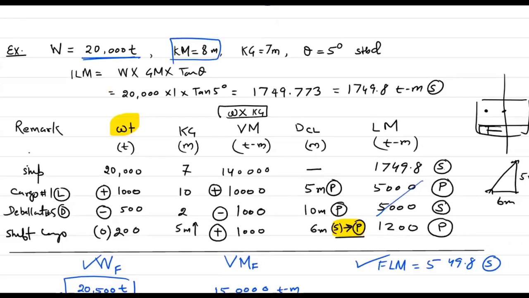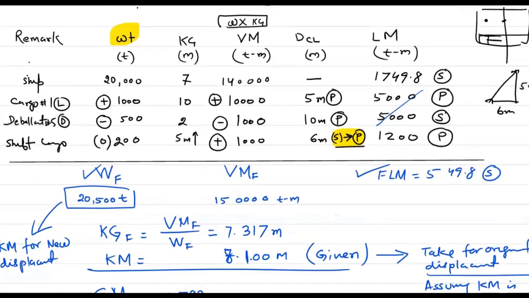Sir, I had a doubt in the deballast condition: why did we take towards starboard? From where did we deballast? We deballasted from port. So if you are emptying something from port, your ship is going to list towards starboard, no?